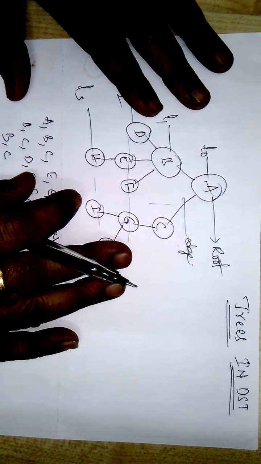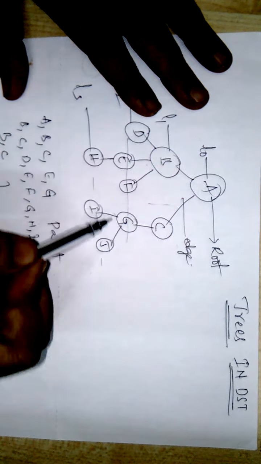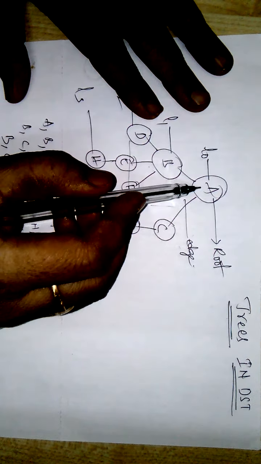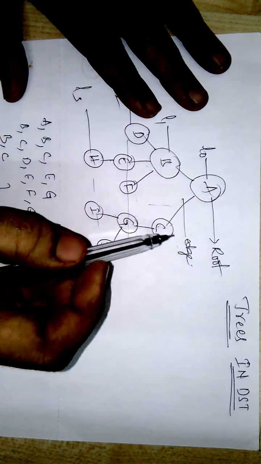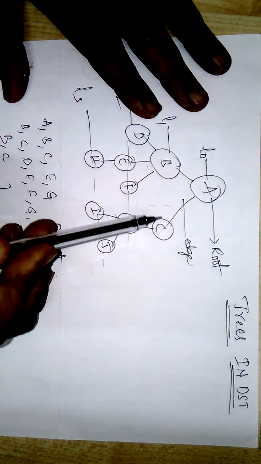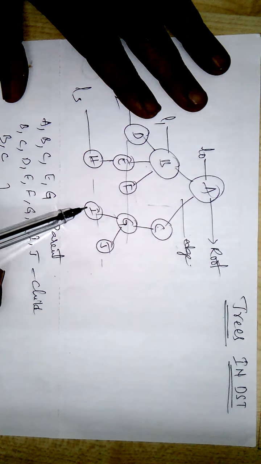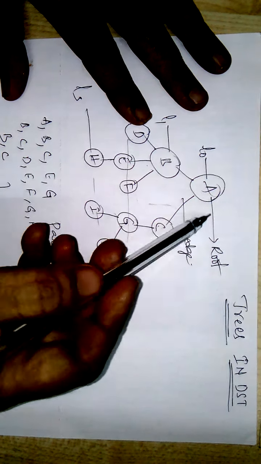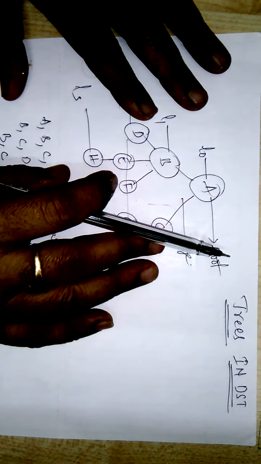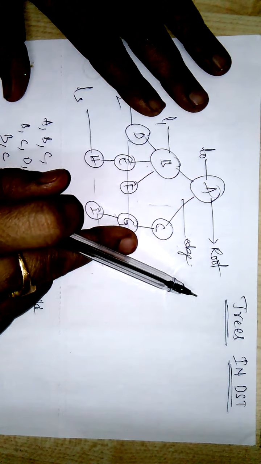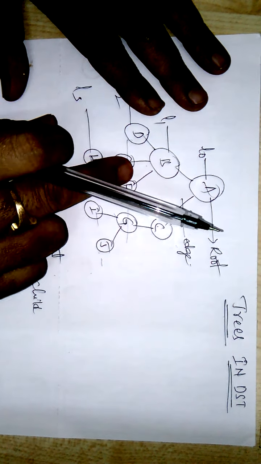In a tree data structure, if we have n number of nodes, what does that mean? Every element is represented as a node, so A, B, C, D, E, F, G, H, I, J are nodes in the tree.